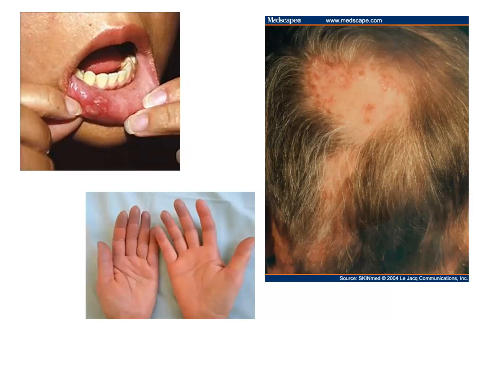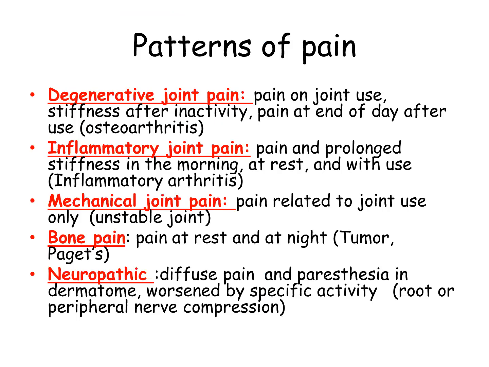Hair loss. So skin is affected. Raynaud's phenomenon is seen in this picture, and you can see that that is involvement of the arteries basically.